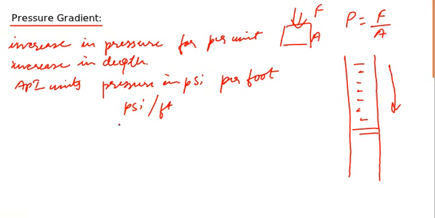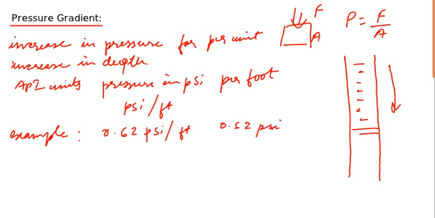To understand the pressure gradient, let's take an example. For example, I have a mud system whose pressure gradient is 0.62 psi per foot, which means for every foot increase in depth, pressure increases by 0.62 psi.